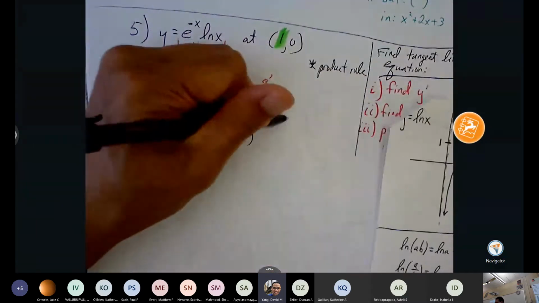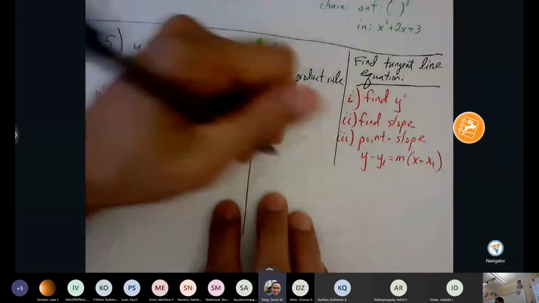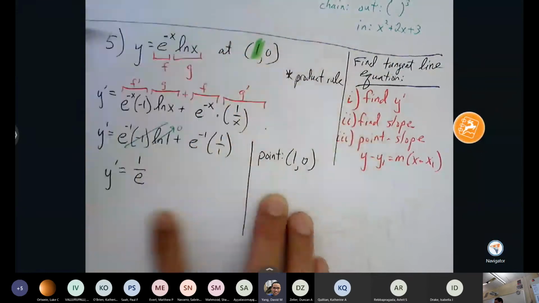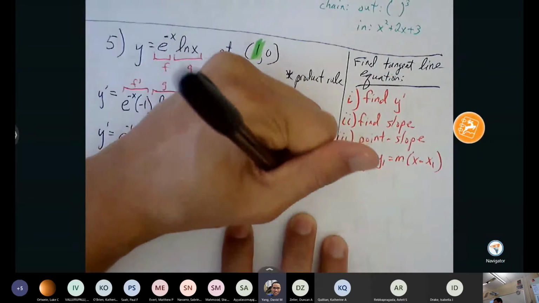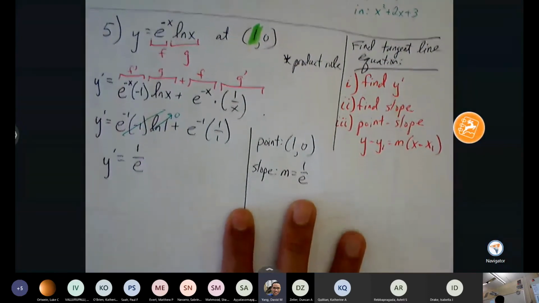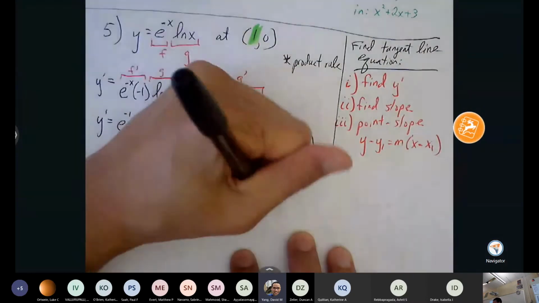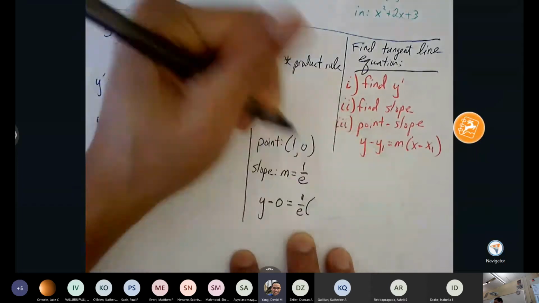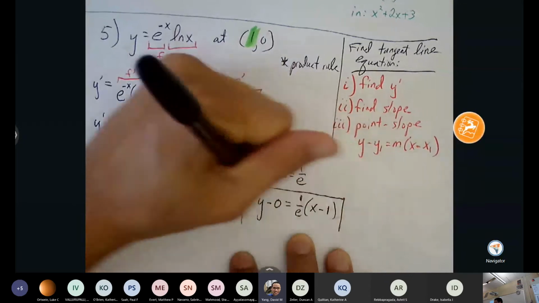Okay, so let's summarize what information we have. We have our ordered pair. We have our slope. And now we do point slope. You can leave your answer in point slope form. In fact, I encourage you guys to do that.